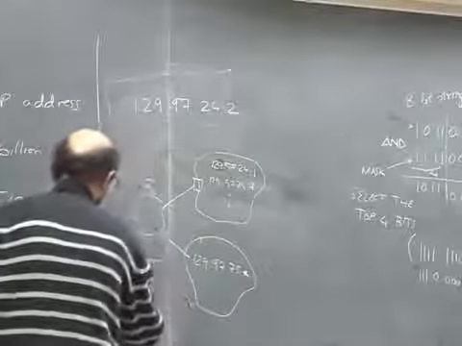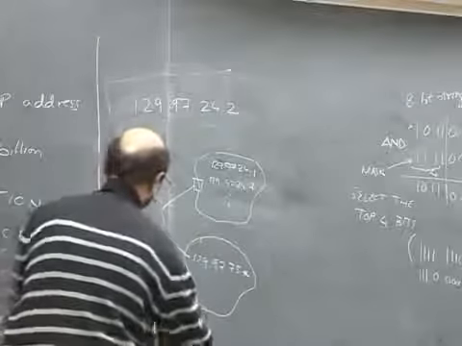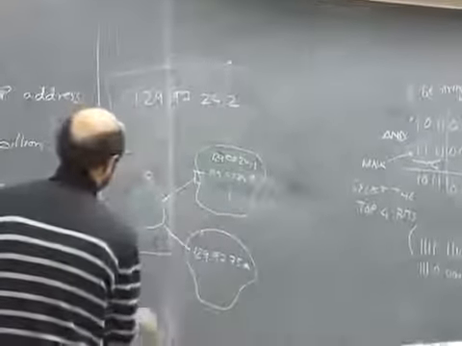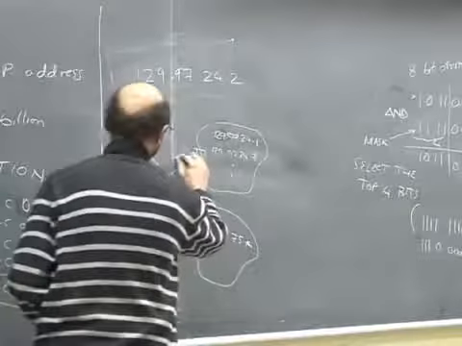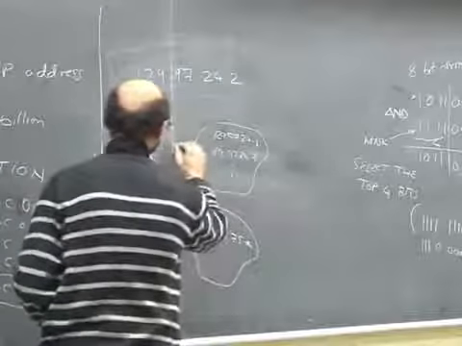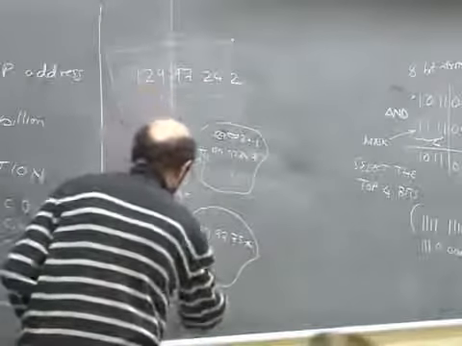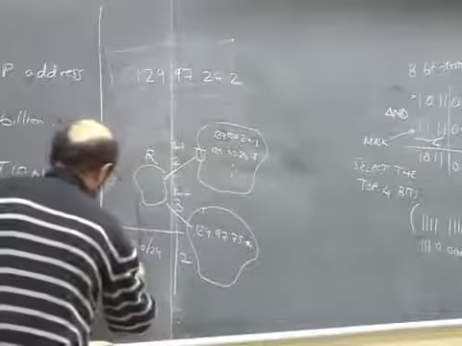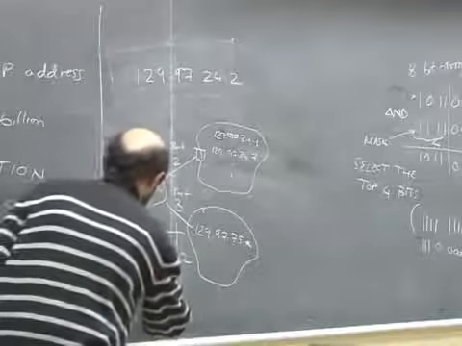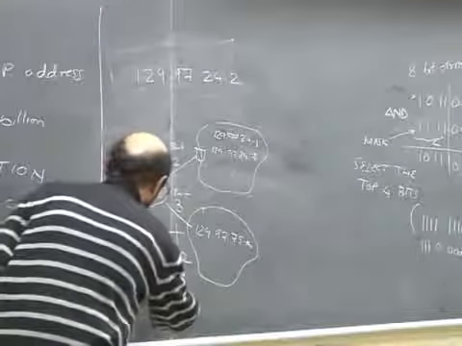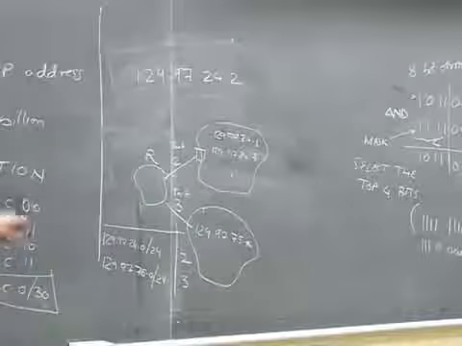It would say 129.97.24.0/24, and let's say this is port 2, this is port 3. And then 129.97.75.0/24, that's port 3.